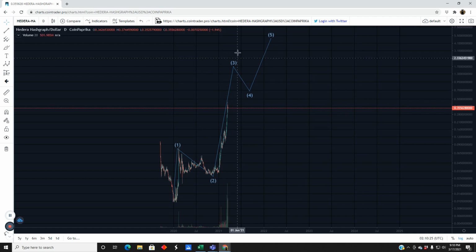But I know wave 3 is always bigger in cryptocurrencies. It's never the smallest wave in the rules of Elliott wave. And then typically wave 1 is just as big as wave 5. So you can do the percentage gain on wave 1.